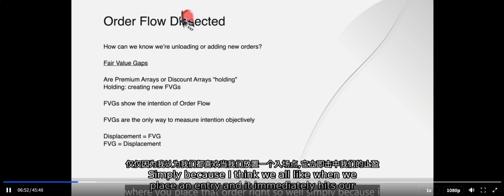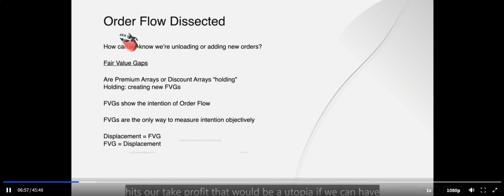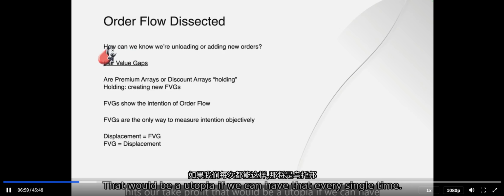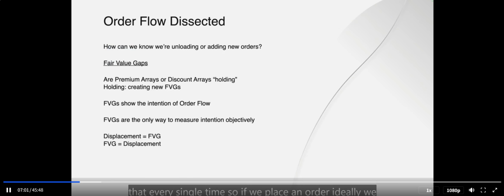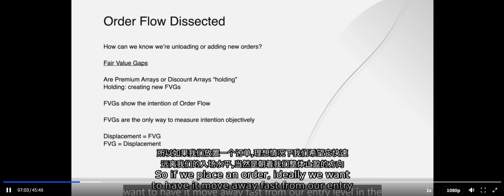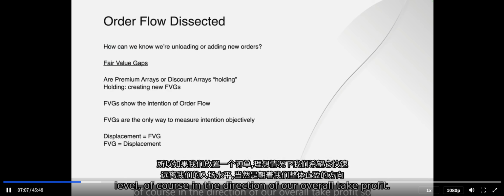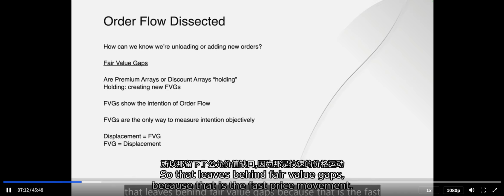Simply because I think we all like when we place an entry and it immediately hits our take profit. That would be a utopia if we can have that every single time. So if we place an order, ideally we want to have it move away fast from our entry level, of course, in the direction of our overall take profit. So that leaves behind fair value gaps because that is the fast price movement.